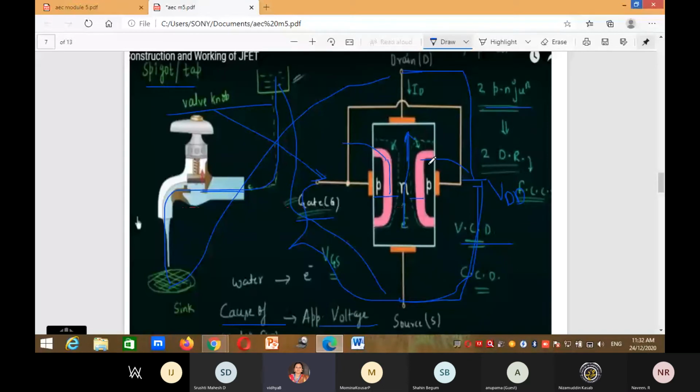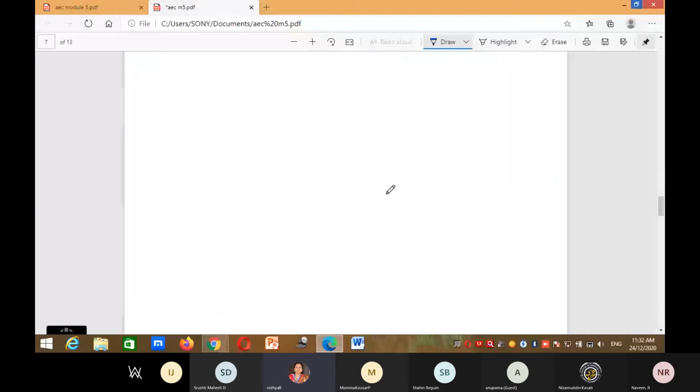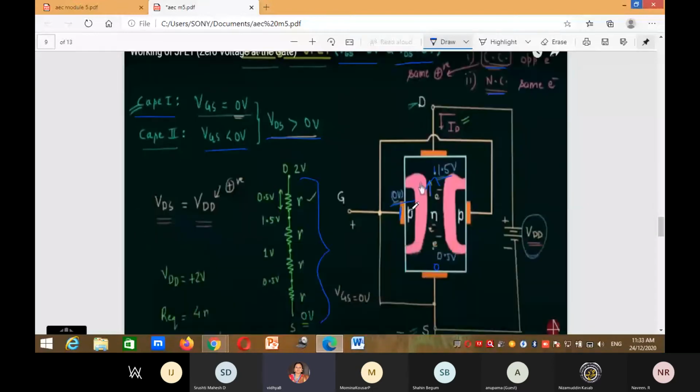As you apply the voltage and the electrons start flowing, the voltage between the N channel and the gate terminal is less here, so depletion will increase. On the bottom side it is less voltage, so the depletion region will be the same, with only minor changes.